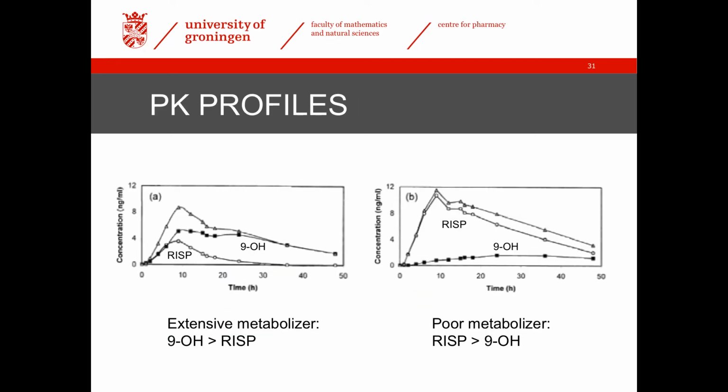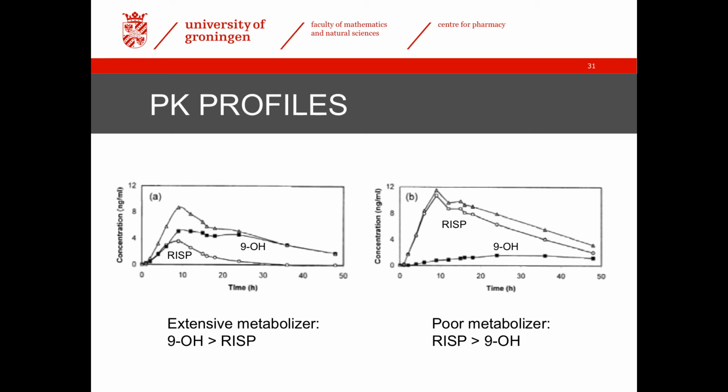The method was used to determine the risperidone and 9-hydroxyrisperidone concentrations in plasma from extensive and poor metabolizers. Example concentration time curves are shown here. As you can see, for an extensive metabolizer on the left-hand side, the metabolite concentrations are higher than those of the dosed drug, because risperidone is readily metabolized to the 9-hydroxy metabolite.